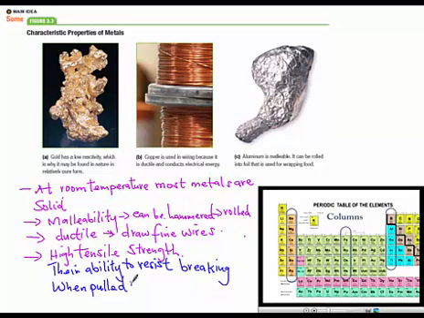So although all metals conduct electricity well, metals also have very diverse properties. For example, take a metal like mercury.